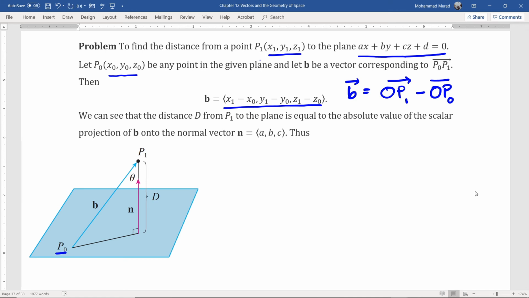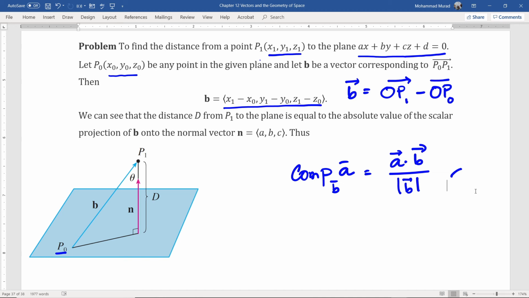Recall that the scalar projection or component of a vector a onto the vector b is given by this formula.